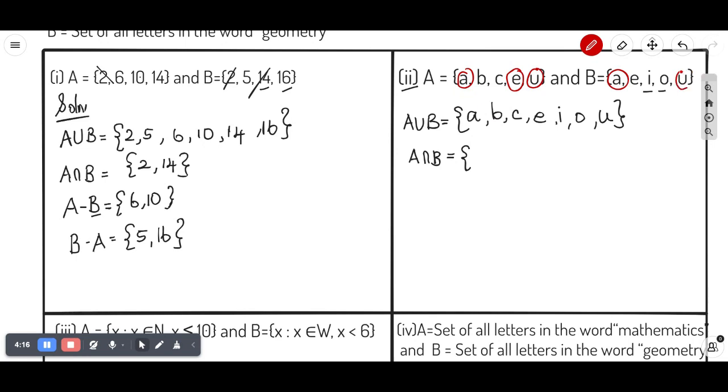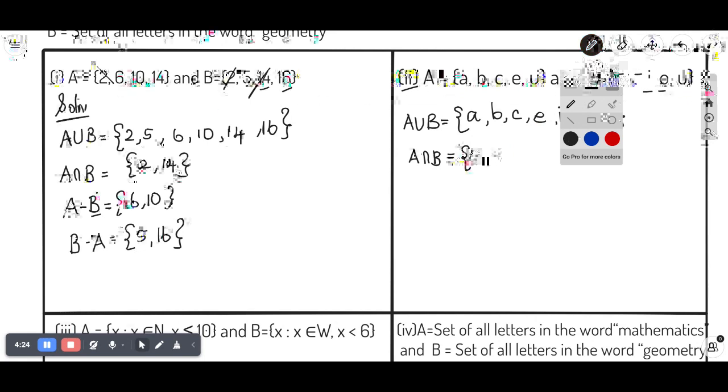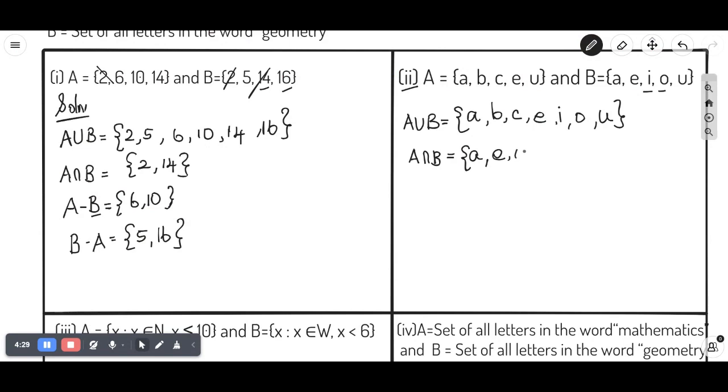Please check it carefully and write. We have got 3 elements here: A, E and U. So check it out: A is there, E is there, and U is there. Now with this, let's move on to our next one.